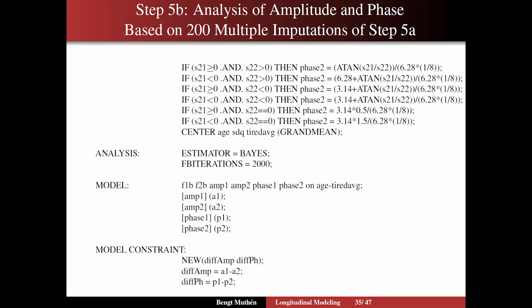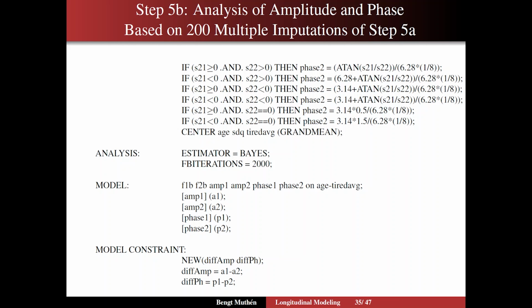And we find a difference between the first and the second factor. So amplitude 1 is significantly influenced by age in a negative fashion. So the older the kids are, and they vary, I think, in age between 12 and 16, the lower the amplitude for the low arousal factor.